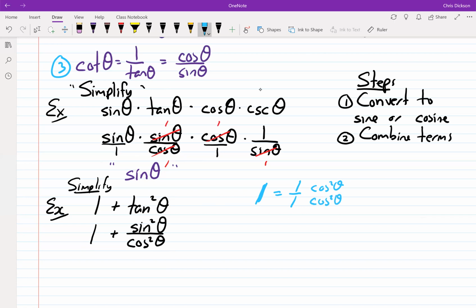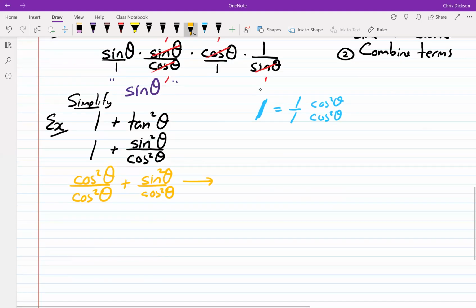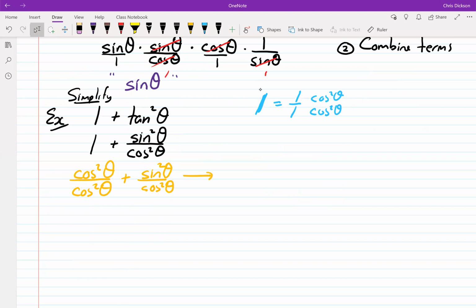So if I convert this into cos squared theta over cos squared theta plus sine squared theta over cos squared theta, I can rewrite that as a single fraction that has a denominator of cos squared theta. So let's do that, cos squared theta. And on top, I would have cos squared theta plus sine squared theta.